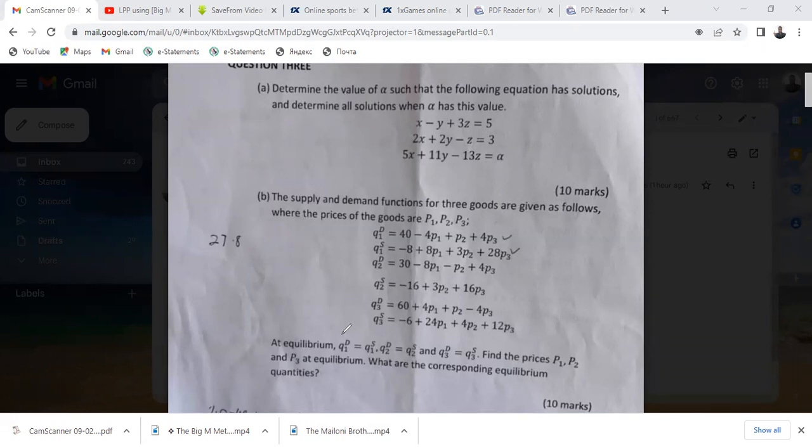They have given these, so you just start equating. You get the equation that is Q, equate it to QS1, so equate these two. Then they have 3 variables, P1, P2, and P3.